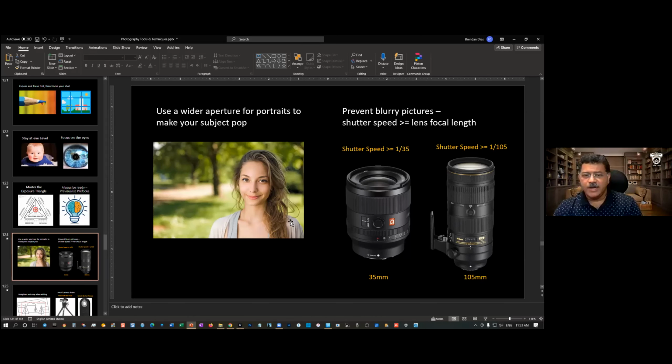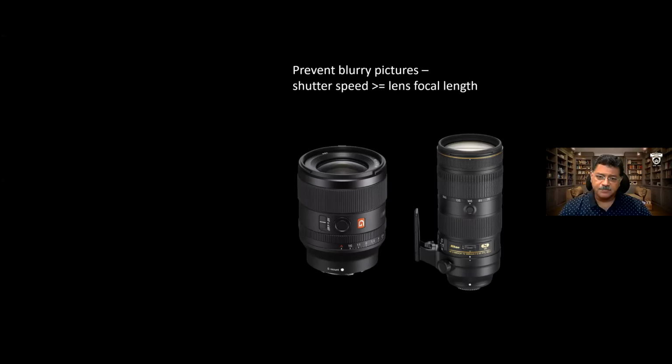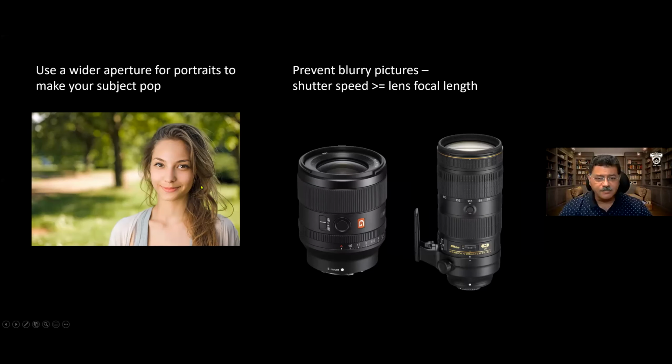So use a wider aperture for portraits to make your subjects pop. In this case, this girl has been shot at a wide aperture. Why? How do we know? Because if you look at this girl's image here, you will see that the eyes are in focus. Look at the back of the hair, it's not in focus. Look at the back of the dress, it's not in focus.